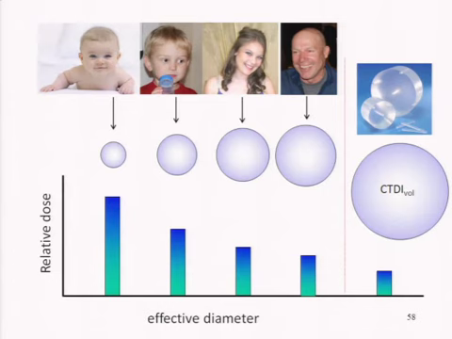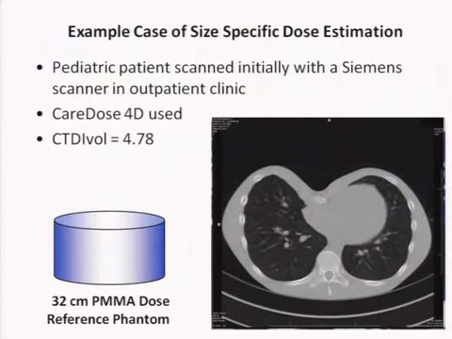As I've tried to emphasize, the large phantom that we use for CTDI vol really gives a dose value that is an underestimate for smaller individuals. TG204 gives us guidance on how to make corrections for individuals that are either smaller, small adults or pediatric patients, or are larger. So this is our situation.